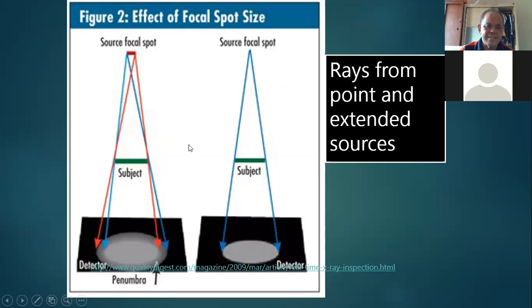But as the size increases, you produce a partial shadow. With an extended source, remember that we are looking at light from different places, and we are interested in the extreme case. You can see this one is already very poor. You get this partial shadow of penumbra, which doesn't define the object as clearly. We don't know where the shape actually is. So we want to avoid this case. This is sharp. This is not sharp.